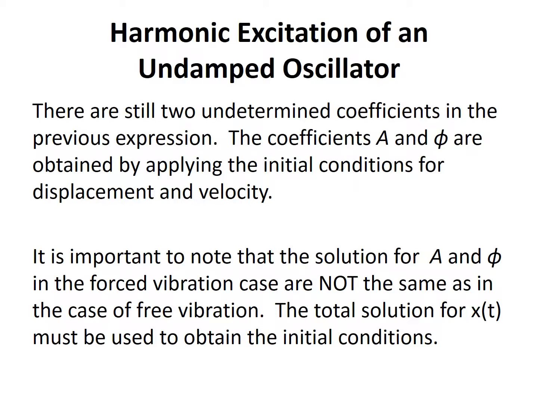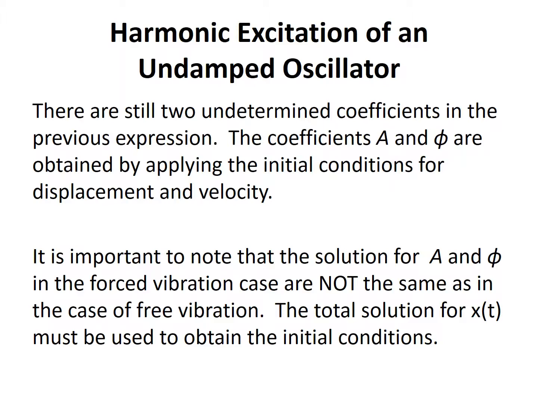That is exactly what you would do in this case. We would take the total solution x of t, solve for the velocity x dot of t, set those equations at t equals 0 equal to the initial displacement and the initial velocity, and solve for A and phi.